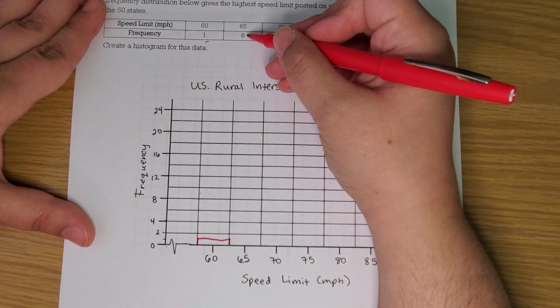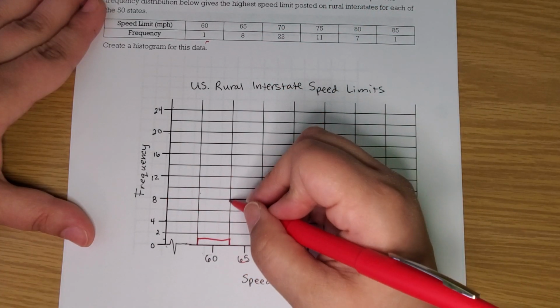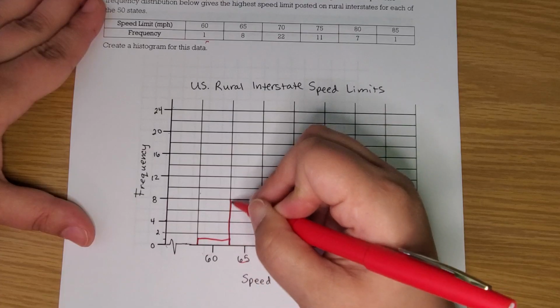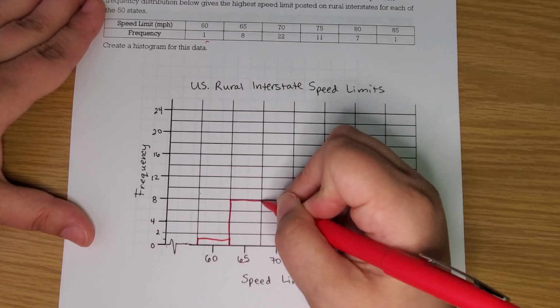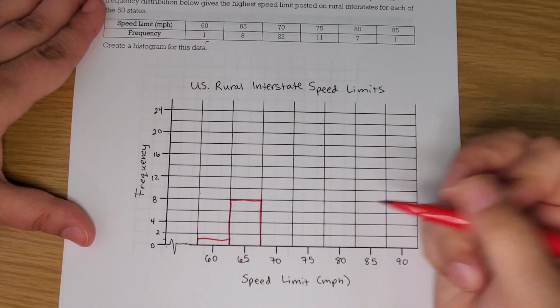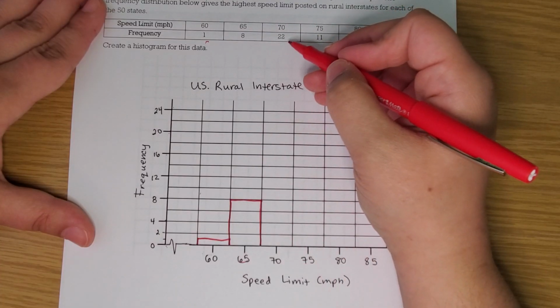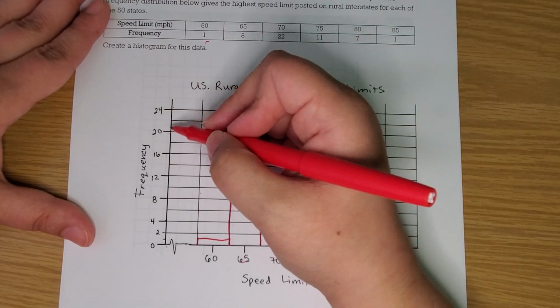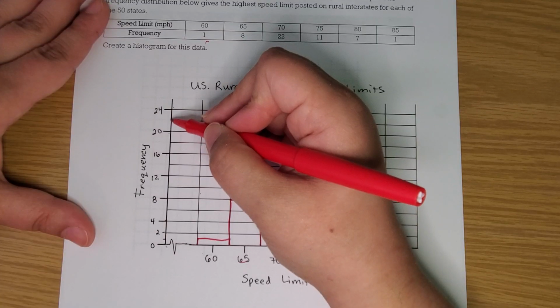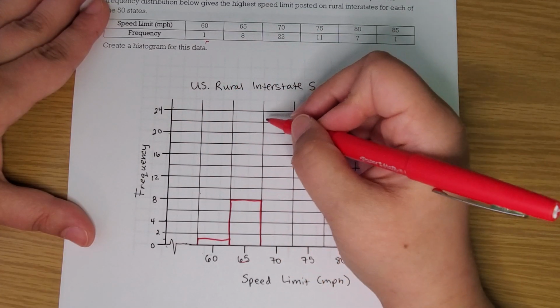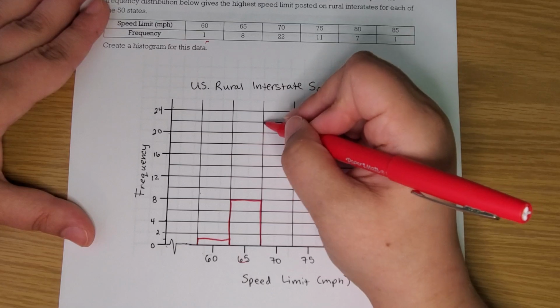For 65, the bar is going to go up to 8, which was labeled here. So I'm just going to continue that side up. Go over to the next one. 70 is the big one, goes up to 22. So if this is 20 and that's 24, halfway is 22. So here's 20, 22.